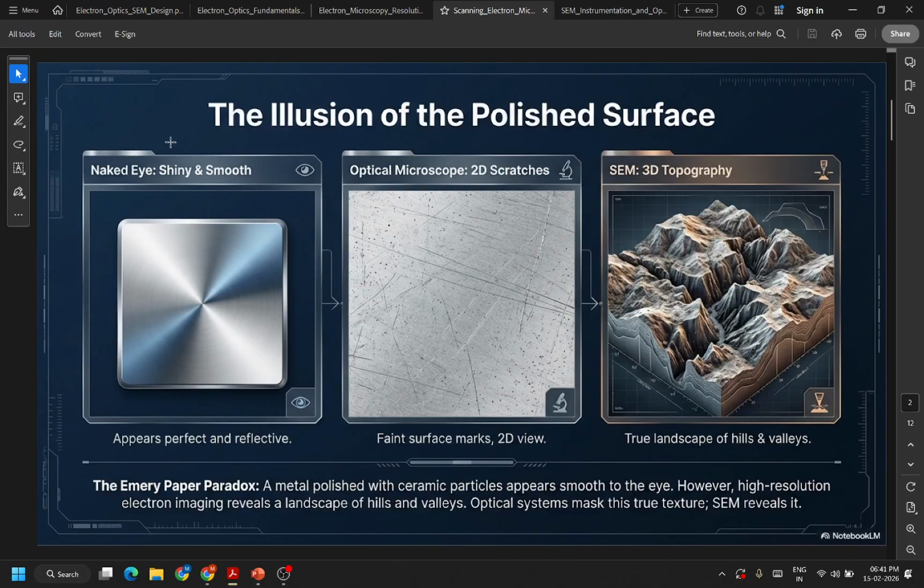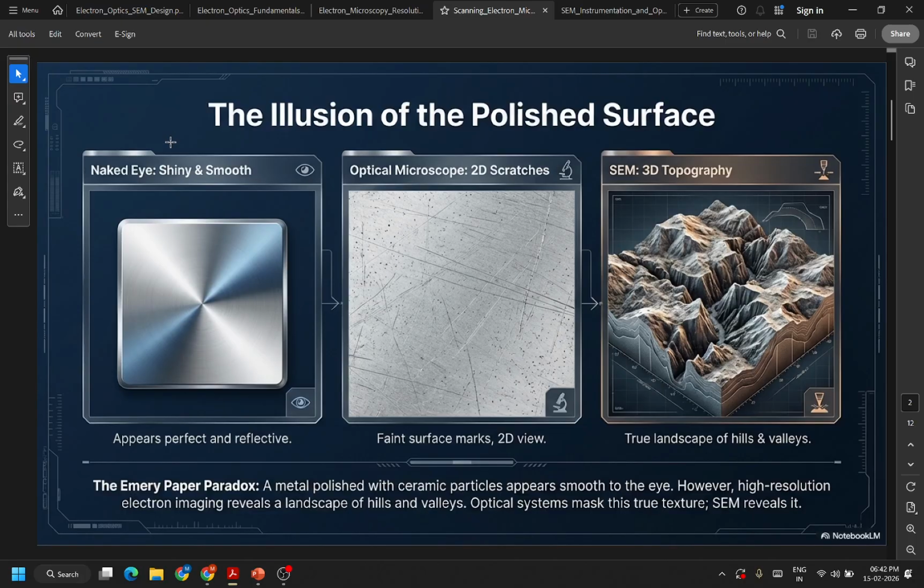So what is the benefit of using a scanning electron microscope, or an electron microscope? Why use an electron microscope? If you take any polished surface and view it with your naked eye, you will see it is very shiny and smooth.